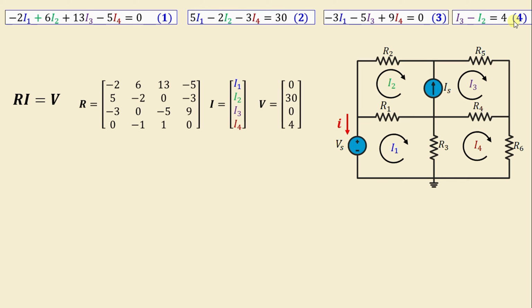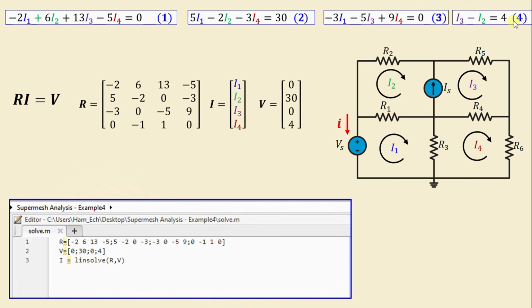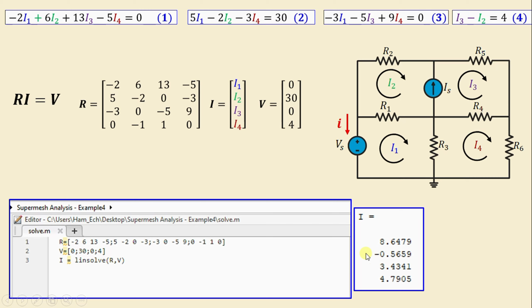Since this problem is quite difficult to solve by hand, I created a MATLAB program that makes it easier, which is given with this picture. If we run this program in MATLAB, we obtain the mesh currents I1, I2, I3, and I4.